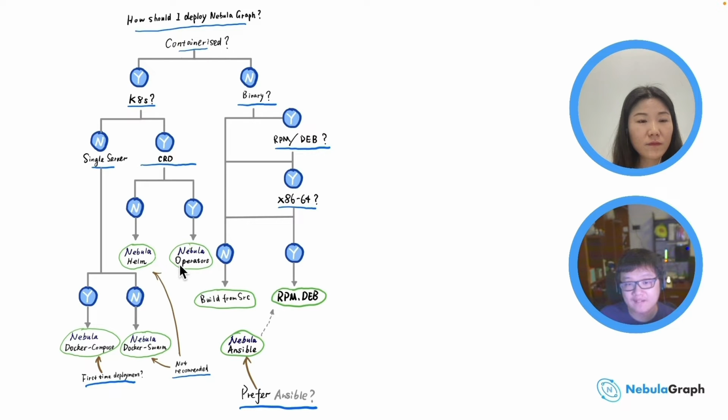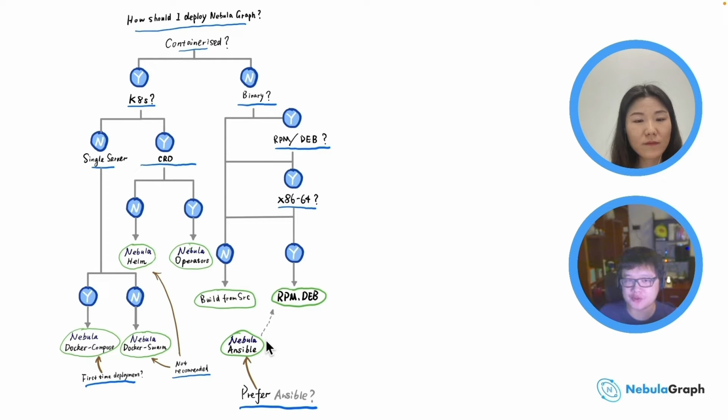And we also have Nebula Operator, which is a Kubernetes operator to spawn a Nebula cluster. You can build from the source code, of course, and after all, the Debian and RPM binary packages are provided by the Nebula community, and there is a Nebula Ansible project to help you use Ansible to spawn Nebula clusters.